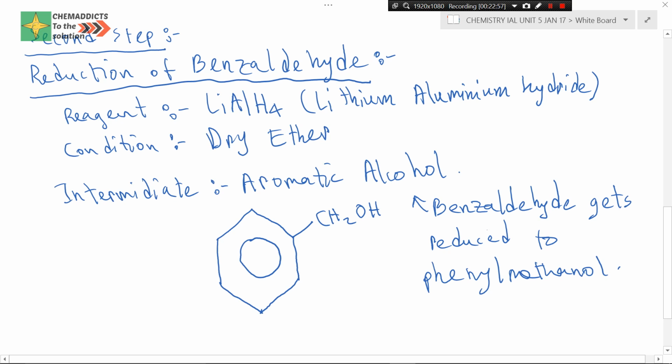Since they have provided only one organic compound, benzaldehyde, we carry out oxidation first and later reduction. So in the second step, reduction of benzaldehyde is carried out. The reagent is lithium aluminum hydride, condition dry ether or ethoxyethane. The intermediate formed here is aromatic alcohol.